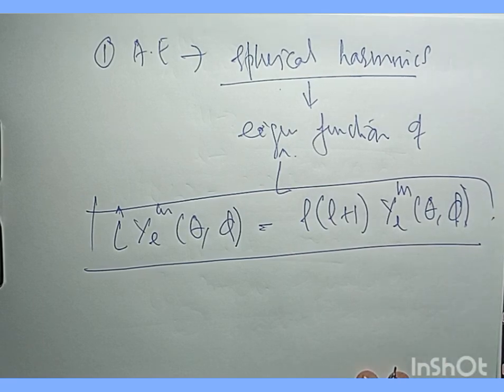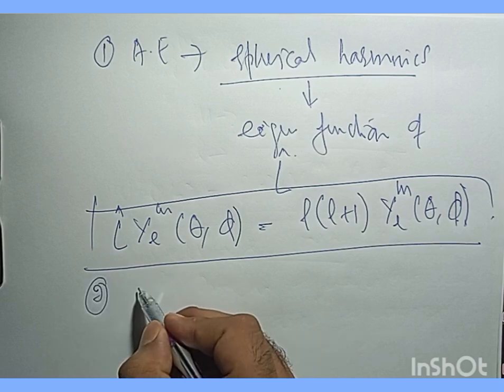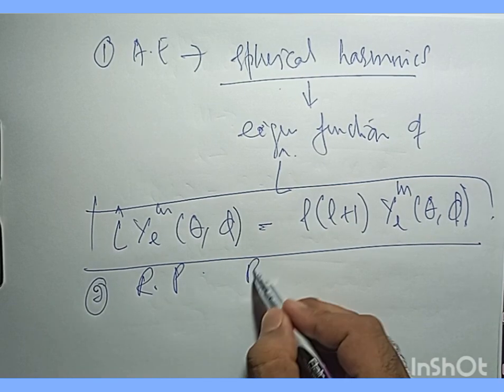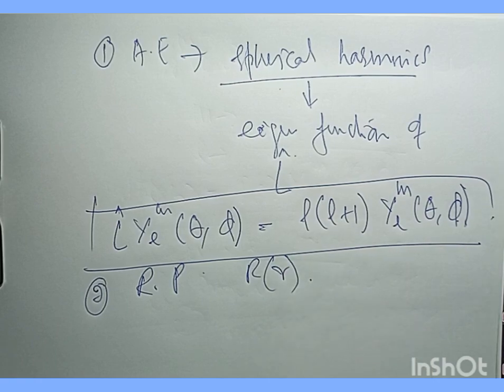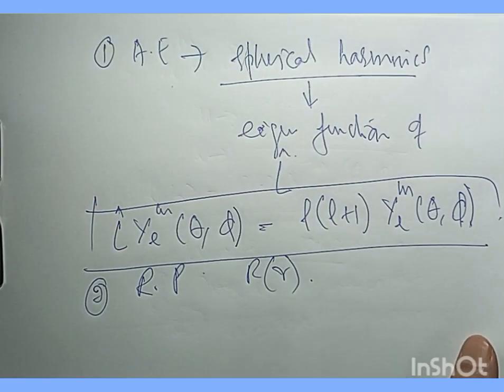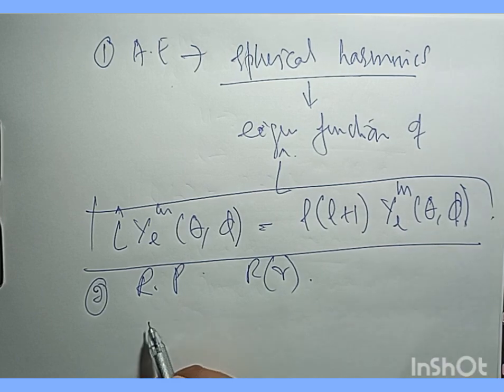So that's fine. Okay, that's beautiful. And then we have the radial part, and in the radial part what we have is R of r. So this is our angular part, and then we can write down this radial part.